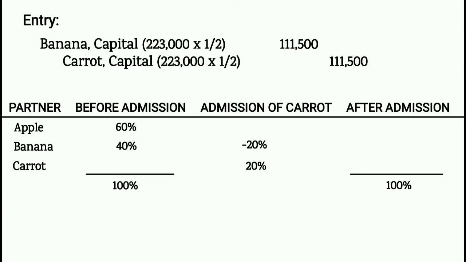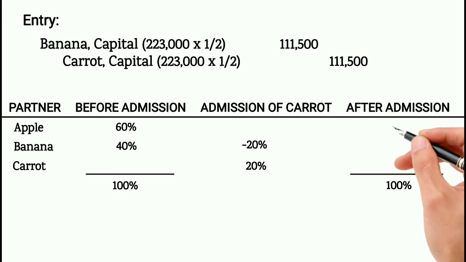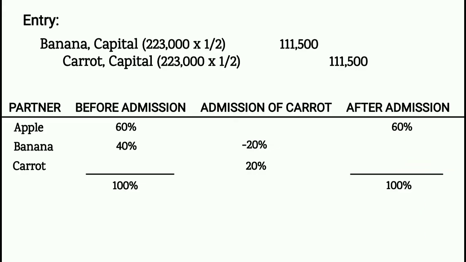Take note, the 20% is half of 40%. After admission, the profit or loss ratio of the partners is 60-20-20: 60% for Apple, 20% for Banana, and 20% for Carrot.